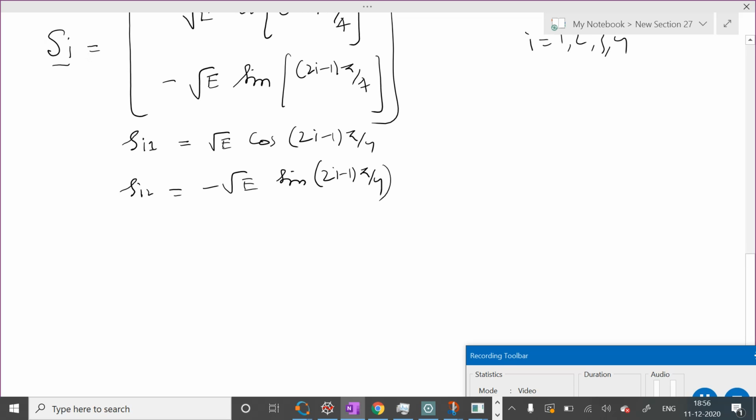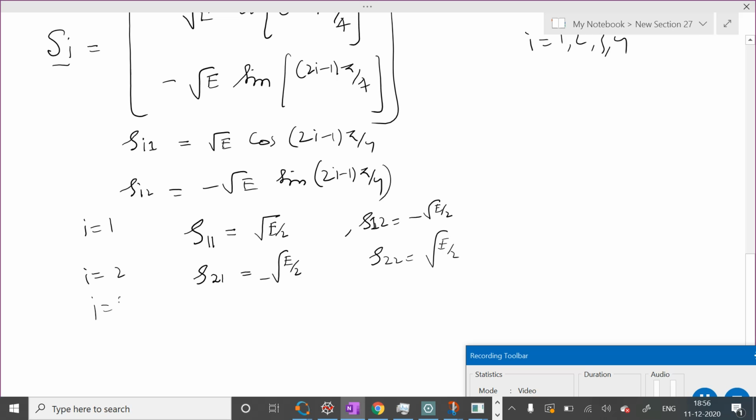Now if we give different values, suppose i equal to 1, I will get s11 equal to root E by 2, because cos of pi by 4 is 1 by root 2. Similarly, s12 will be minus root E by 2. Like that you can give i equal to 2, you will get s21 equal to minus root E by 2, and s22 equal to plus root E by 2.